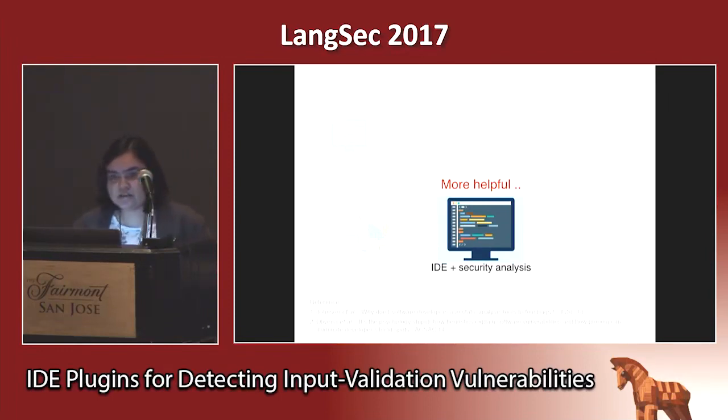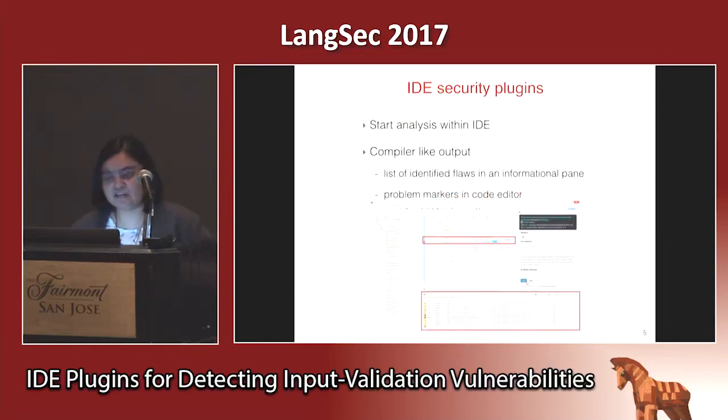So what did I mean by incorporating security analysis in the IDE? In recent days, there are some plugins available that you can include in your IDE. Then you can start the static analysis within the IDE with a regular button press, like how we start compiling. And then it shows the analysis result, like the common compiler errors.